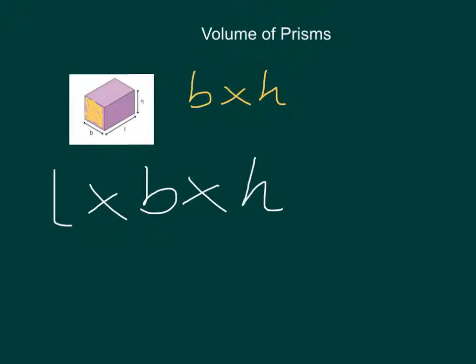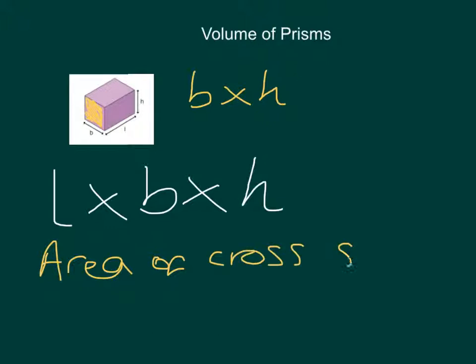So really you could say that the volume of a cuboid is the area of the cross section times the height.